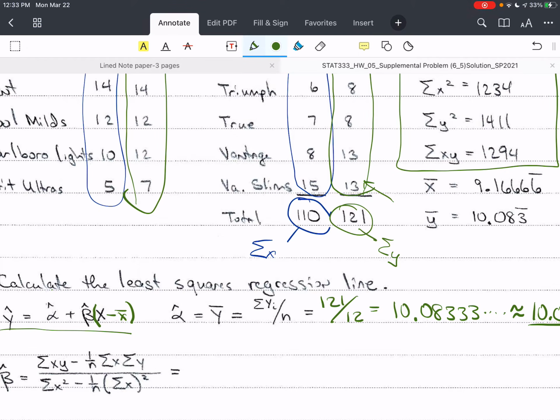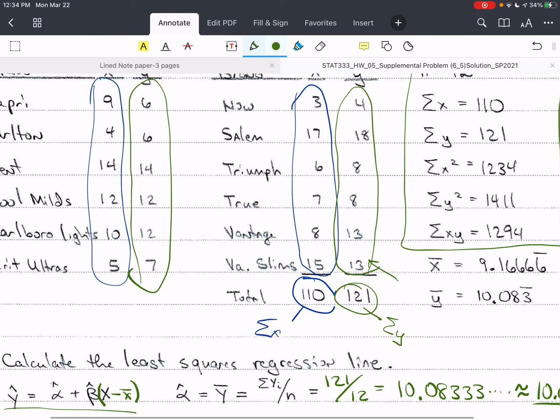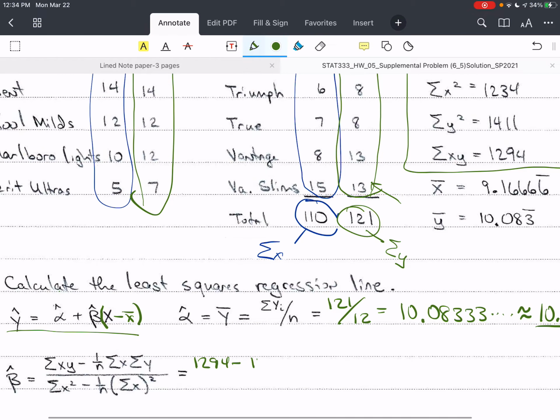Remember that this is a calculation formula, what the computer uses, much easier than using the definition of the sum of squares of xy and the sum of squares of x. So sum of xy is 1294 minus, and sum of x was 110, sum of y is 121, and then I can divide by 12.